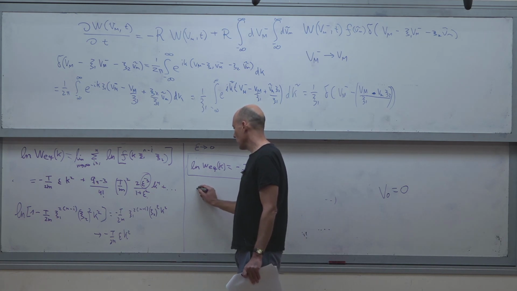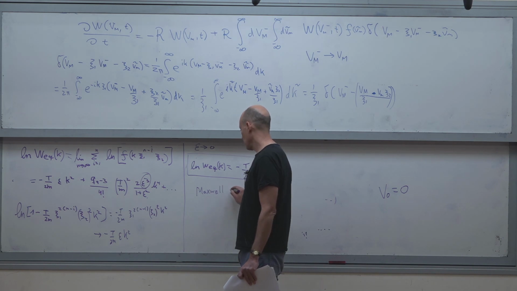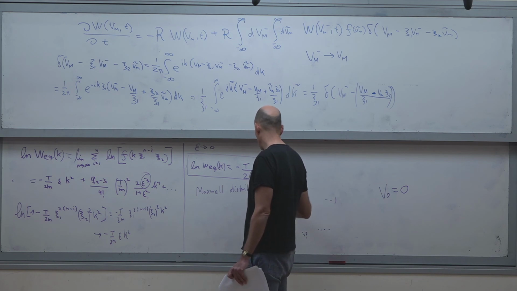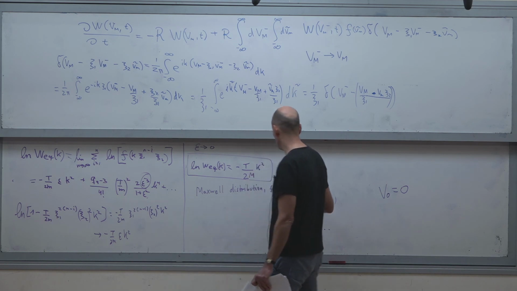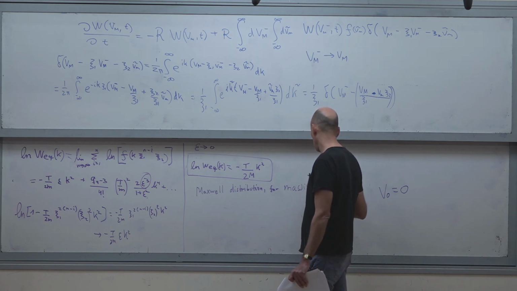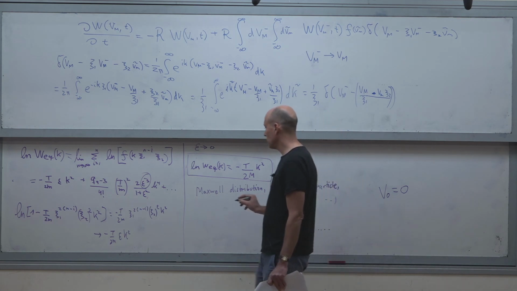The conclusion is that the Maxwell distribution for a massive particle is practically universal.